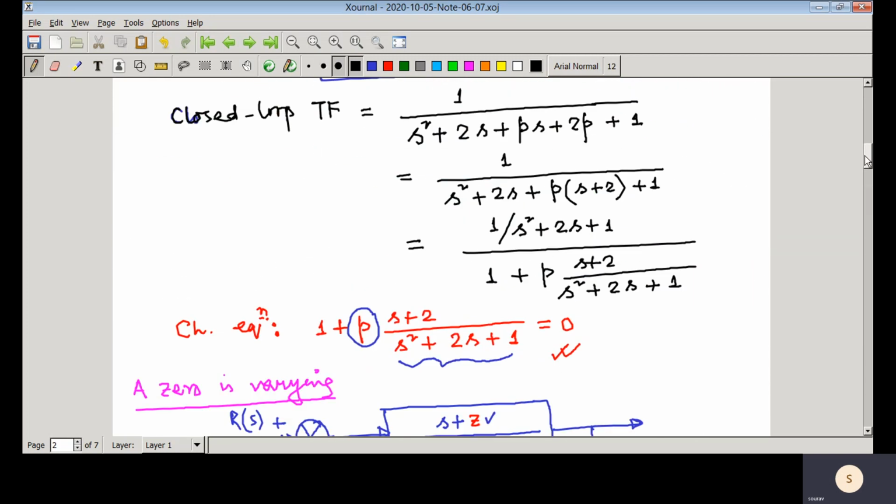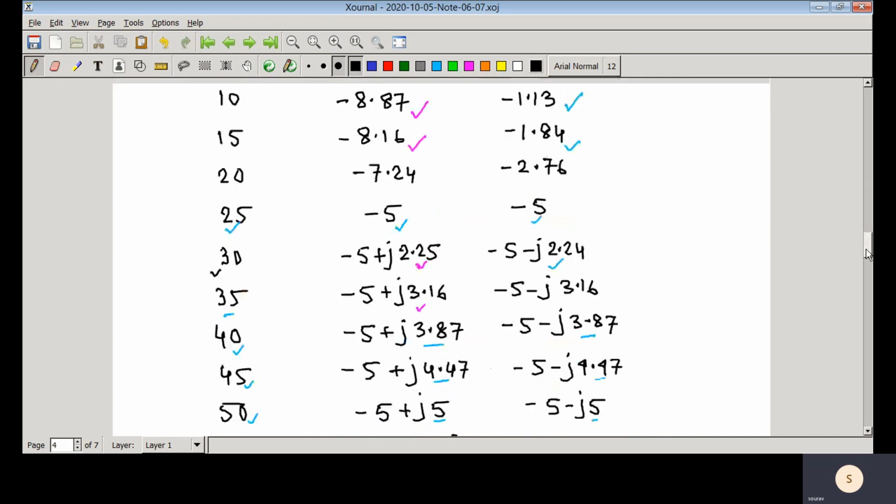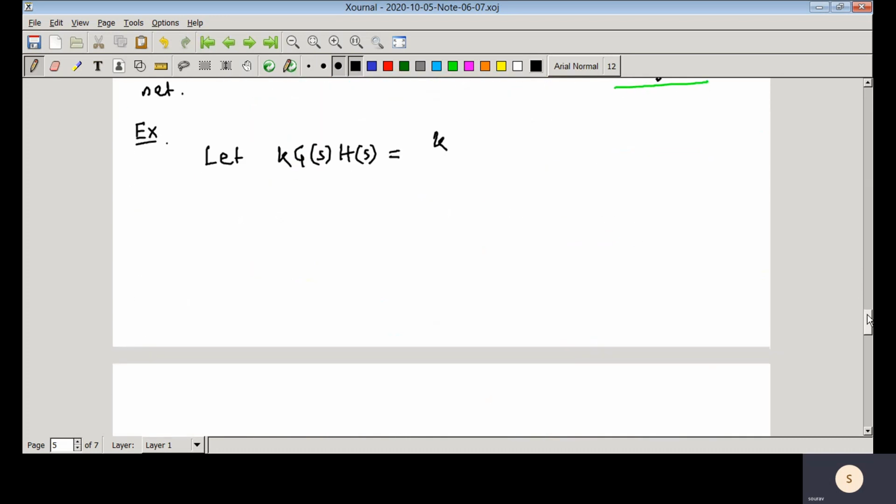Whenever KGSHS is given, it implies this is KGS and this is HS. So the loop transfer function is given: K into S plus 3 into S plus 4 by S plus 1 into S plus 2.